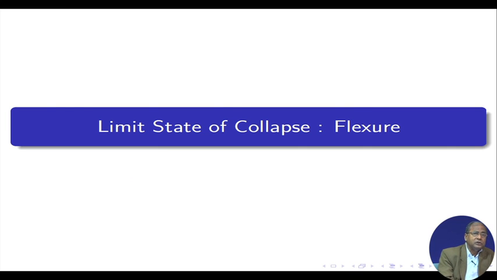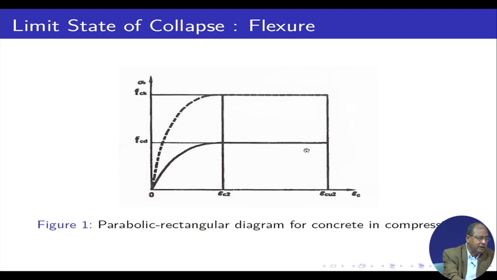Coming to the limit state of collapse, flexure, let us see what is available there. We are using the same curve, this particular one we are considering here, the same curve.